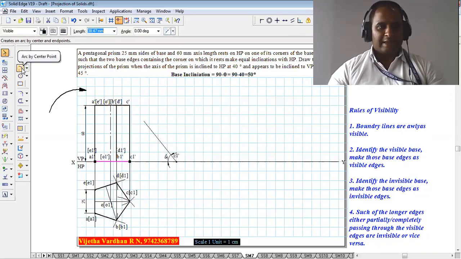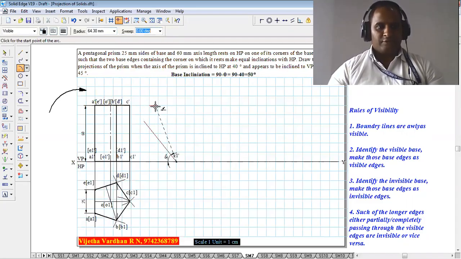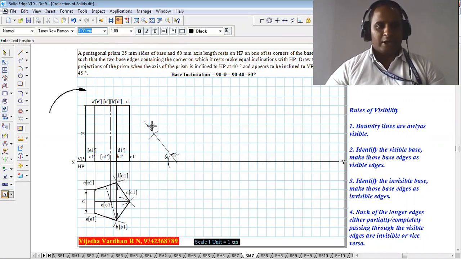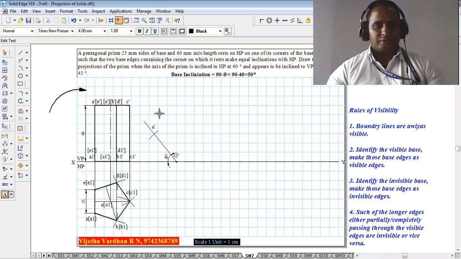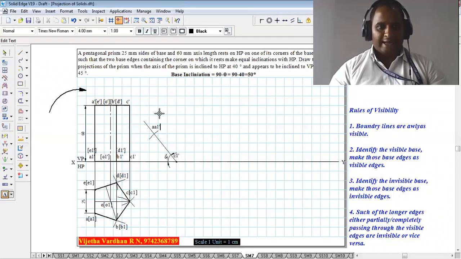Then taking the compass with C1 dash as a reference, we take that as a radius. We draw an arc here, and this point we mark as A1 dash as well as E1 dash.